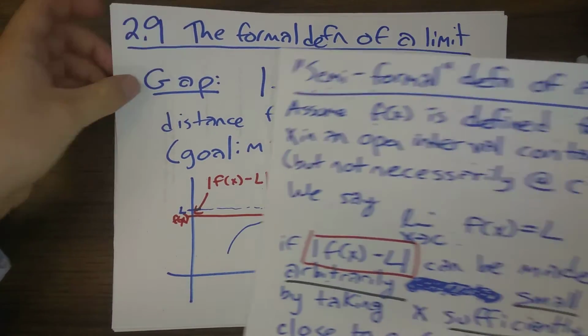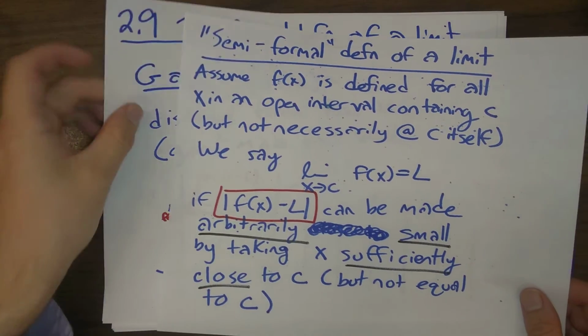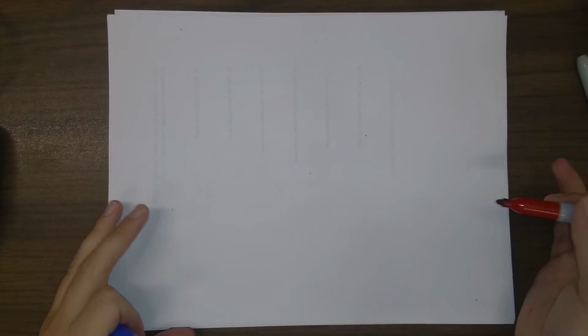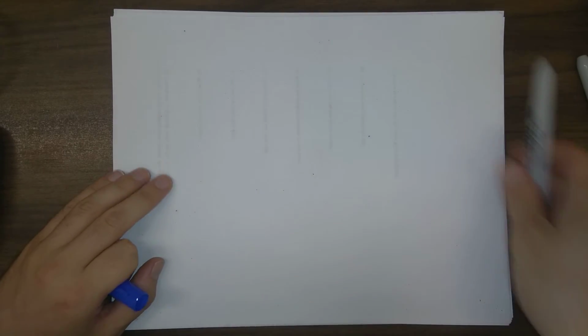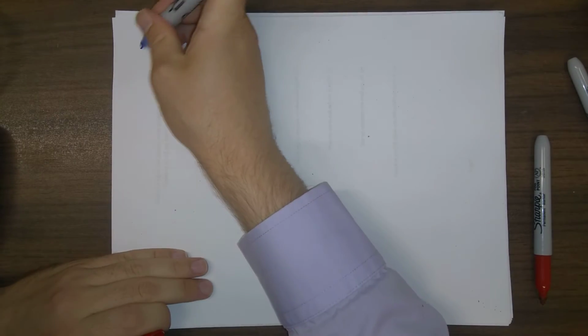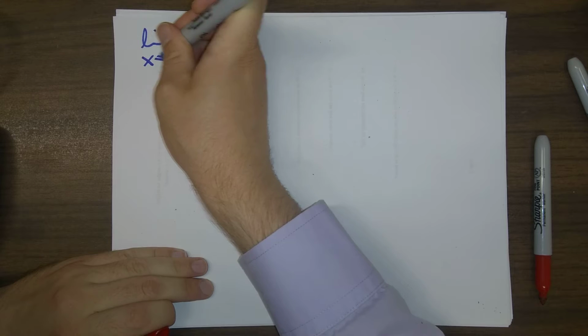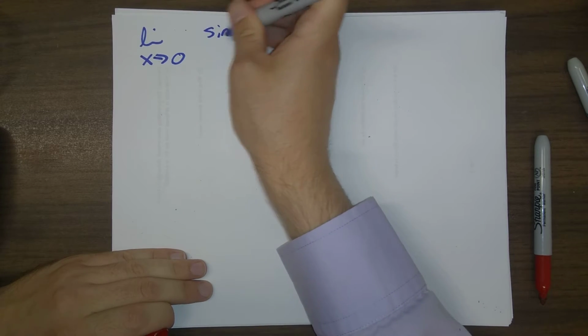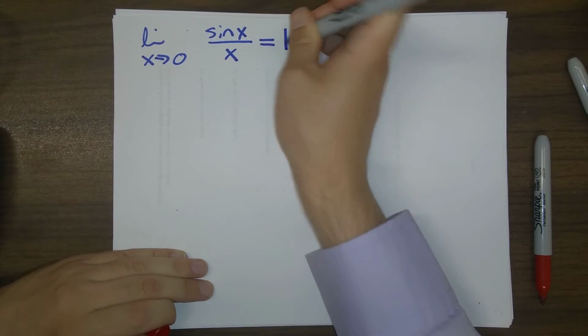I'm going to steal the same example that the authors of the textbook use, which is, once again, the fact that the limit as x goes to 0 of sine x over x is equal to 1.